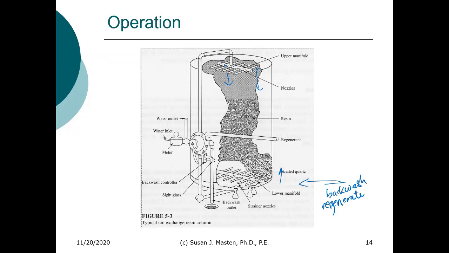That regenerate solution has a high chloride concentration, was then being discharged to the sewer system, and there was a sufficient number of water softeners to actually change the ionic composition of the wastewater, and therefore change the ionic composition of the groundwater and the aquifer. It's one of the major problems with water softeners, the issue of what do we do with this regenerate solution.